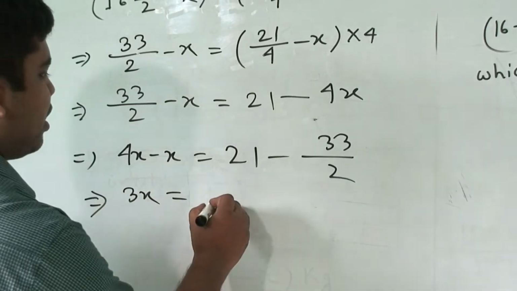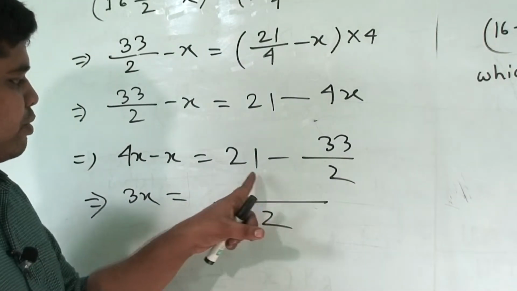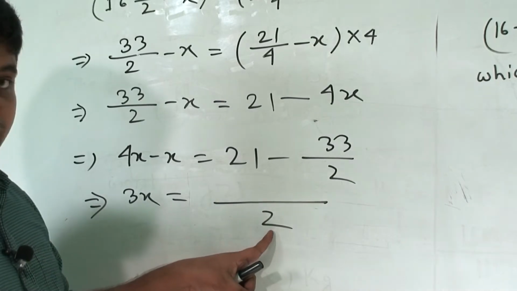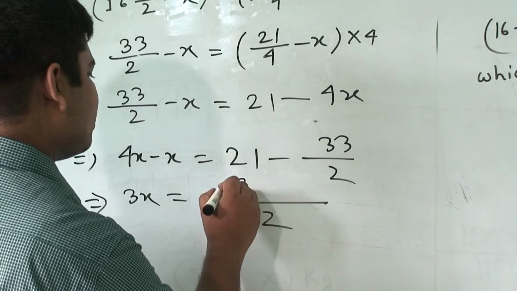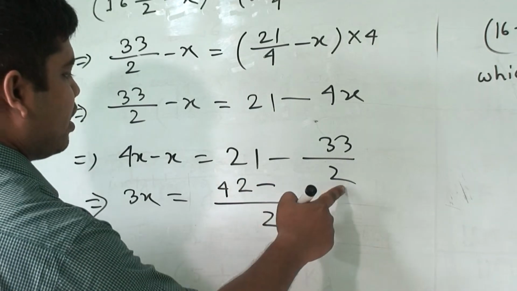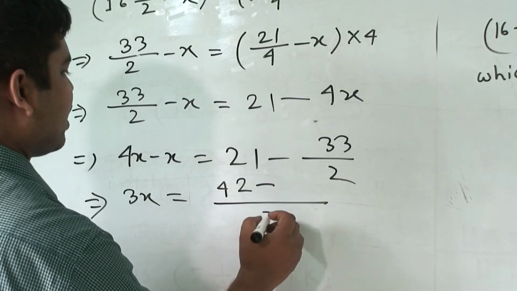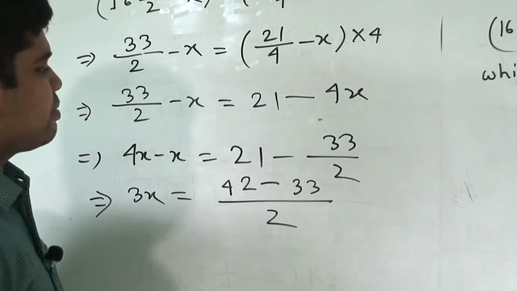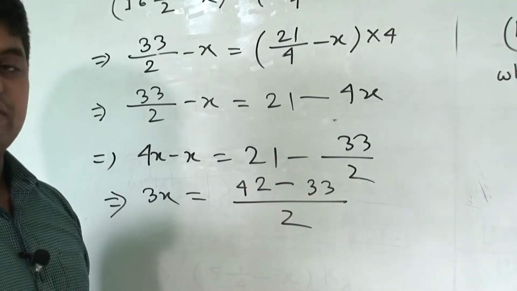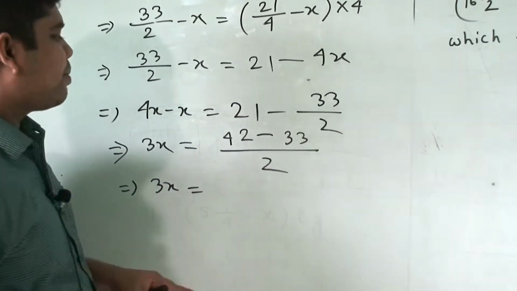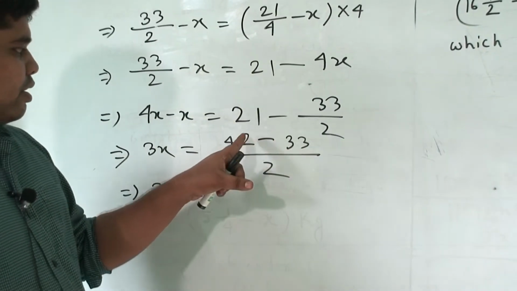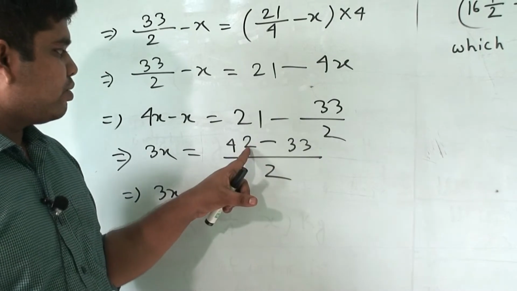Okay, now 2 is the LCM of 2 and 1. Now we divide 2 by 1 and we get 2. 2 is multiplied with this one, 2 1s are 2, 2 2s are 4, minus. You divide 2 by 2 and we get 1. That one is multiplied with this one and it will be 33. Now notice 3x. We subtract 3 from 2.